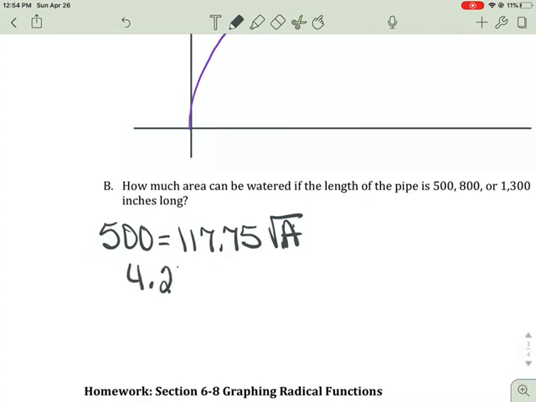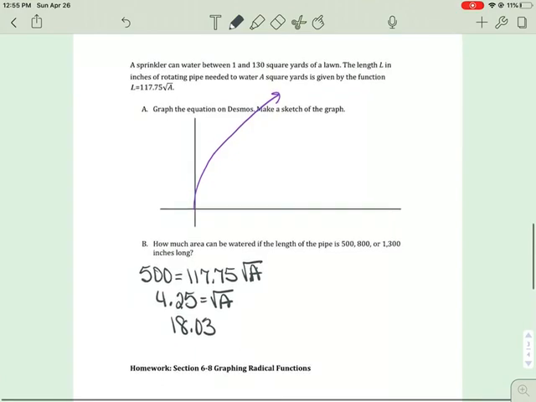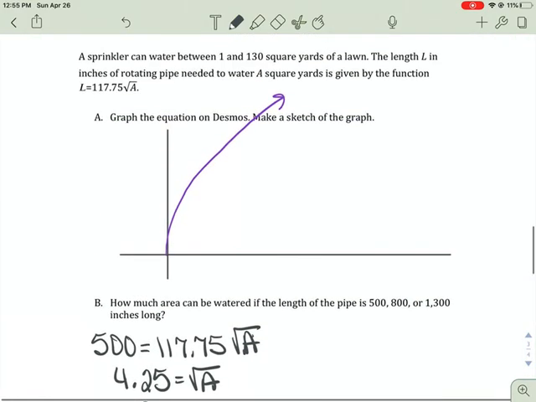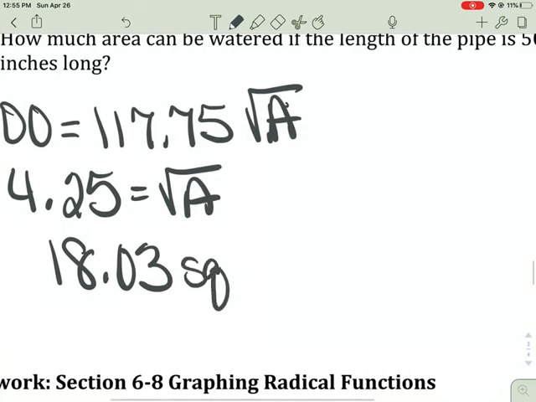So we're going to get 4.25 equals the square root of A. And then we're going to square that to get our solution. So I got about 18.03 square yards.